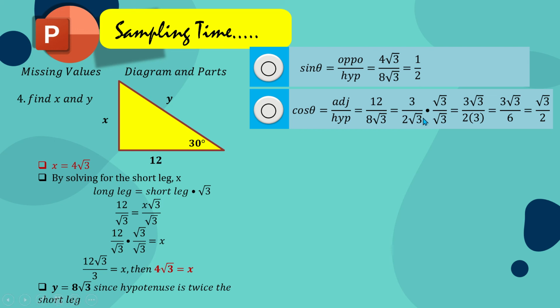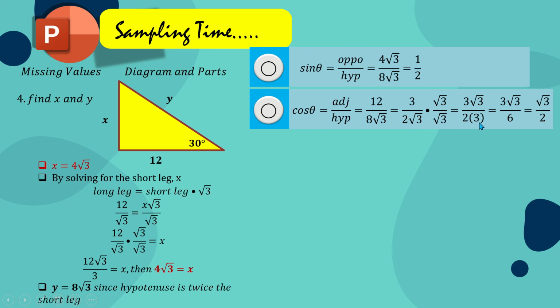To eliminate the square root of 3, we rationalize by multiplying by square root of 3 over square root of 3. The numerator times numerator is 3 square root of 3. It is not 9. The 3 and the square root of 3 stay side by side. For the denominators, 2 square root of 3 times square root of 3: 2 times 1 is 2, and square root of 3 times square root of 3 is square root of 9, which is 3.